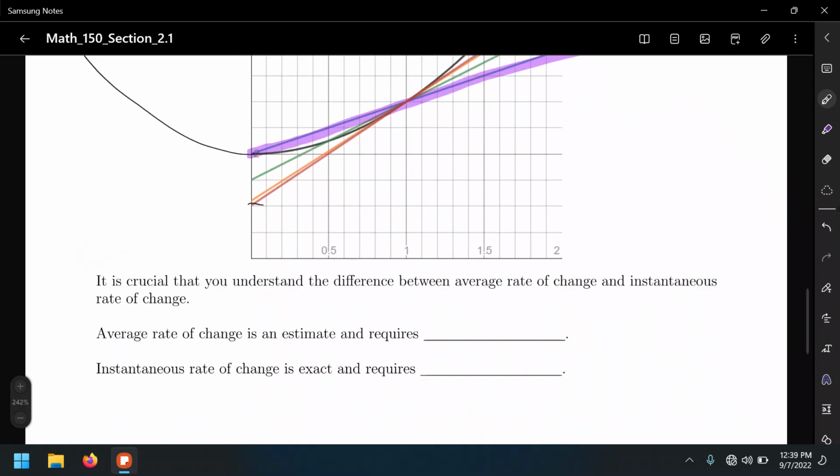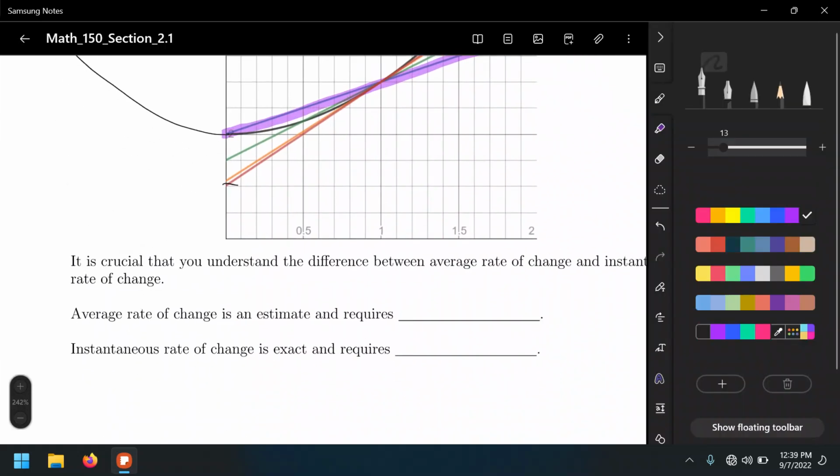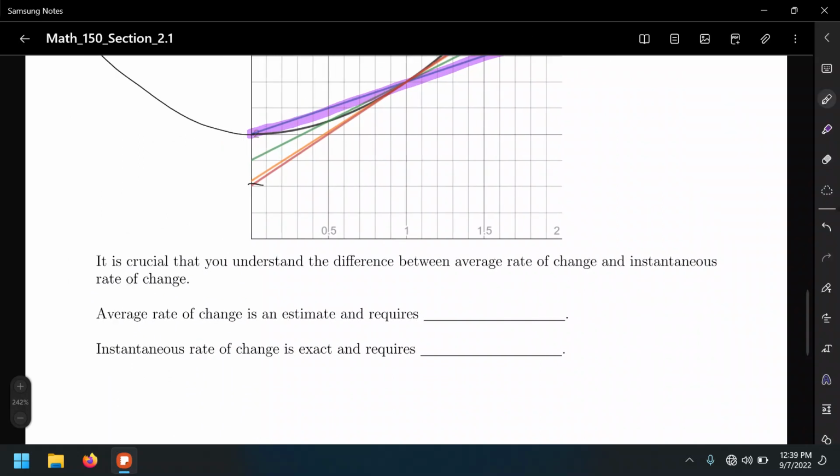So in a way of a summary here, the average rate of change, it's only an estimate. Again, that doesn't give us the actual value. It only gives us the average between 2 points. So in this case, for the average rate of change, we need 2 points or 2 inputs.